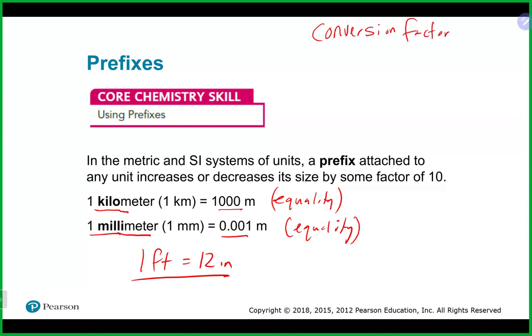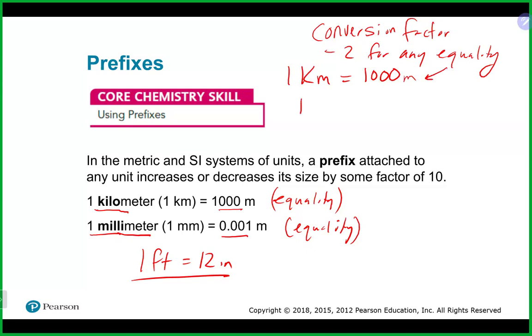And from any equality that you have, as we'll talk about a little later as well, you can write two conversion factors. Basically, a conversion factor is just a fraction. So, for example, if we took our 1 kilometer is 1,000 meters, that again is our equality.